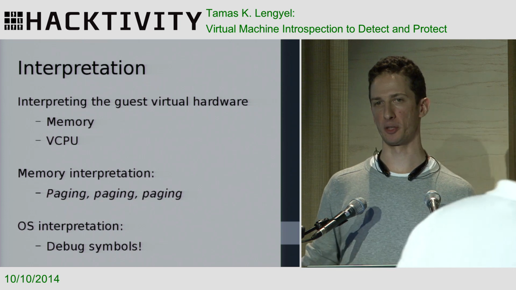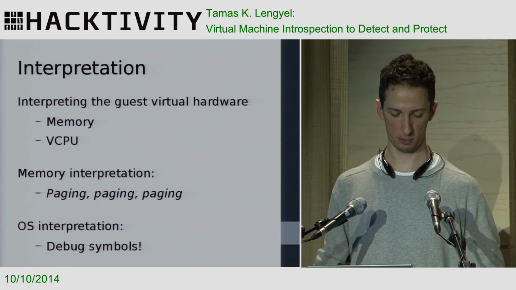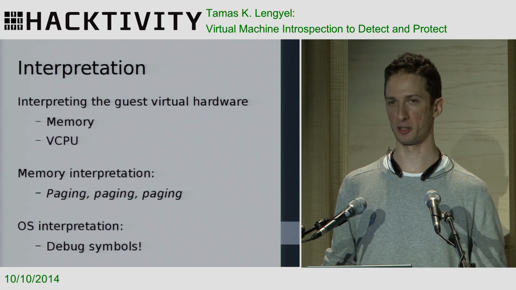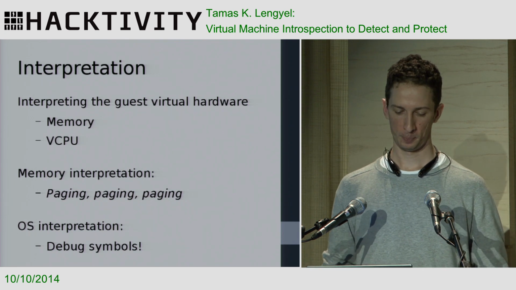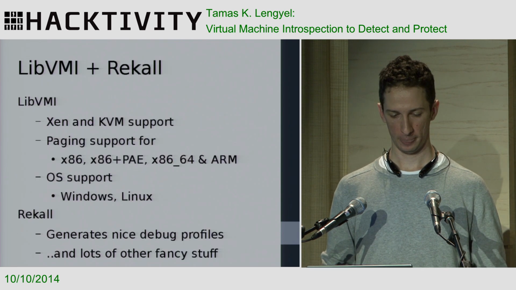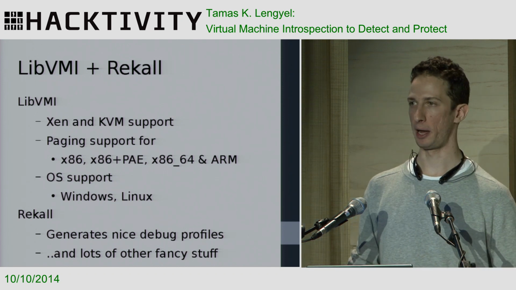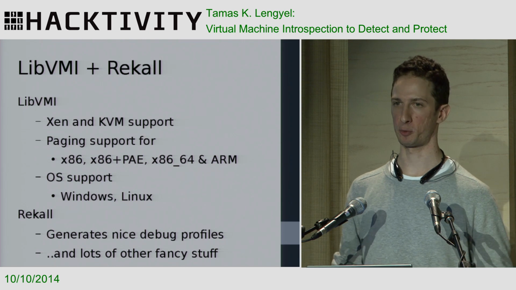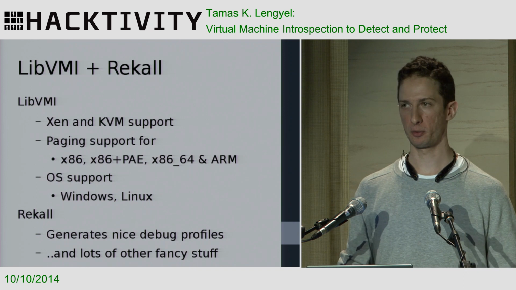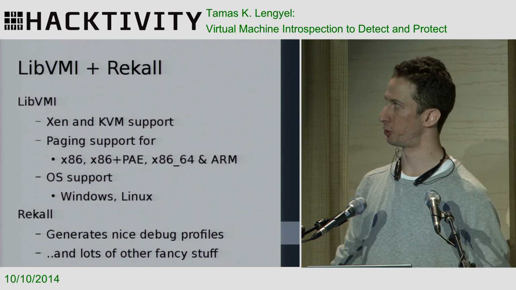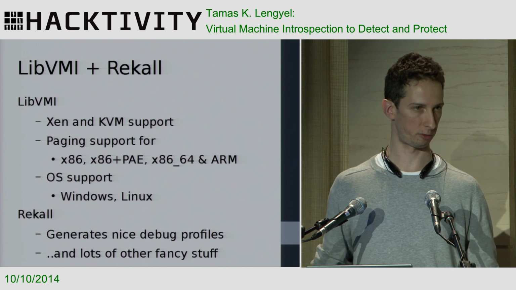Then you want to understand what the operating system is actually doing, and the most convenient way for that is using the operating system's debug symbols. That's what Volatility is doing, for example, as well. The tool that we started working with is called LibVMI. It comes out of a PhD thesis from Georgia Tech, and was designed to support multiple hypervisors while being a transparent abstraction layer to achieve effective VMI.